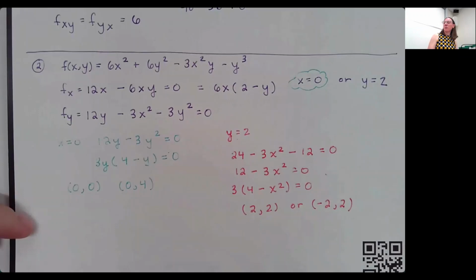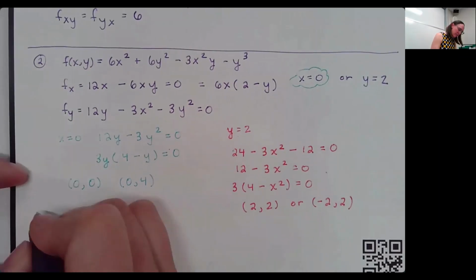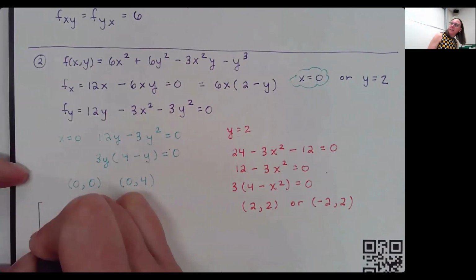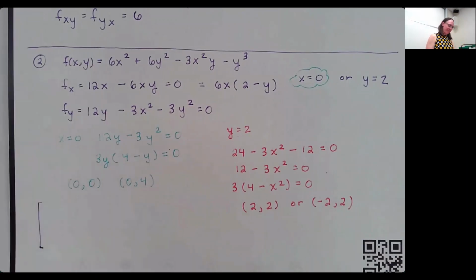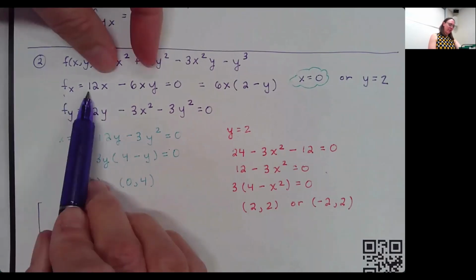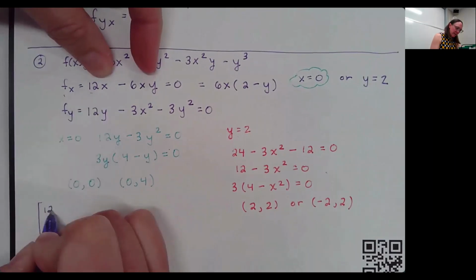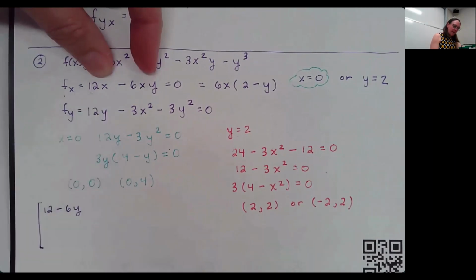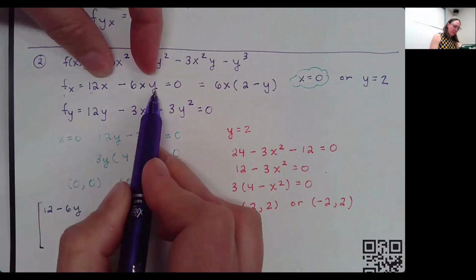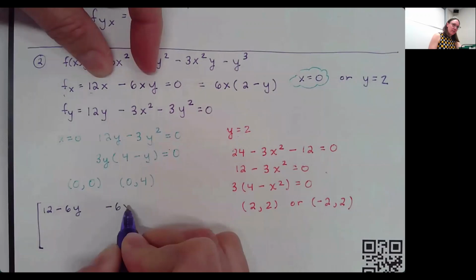So if I construct my matrix of second derivatives, you think I can squeeze it in and keep it on screen? So if I build my matrix of second partial derivatives, if I start with fx and I take the derivative with respect to x a second time, I've got 12 minus 6y. If I take that derivative, but now with respect to y, I've got negative 6x.